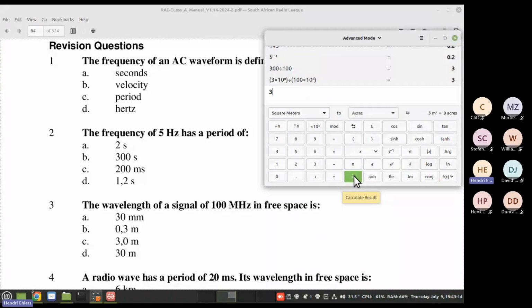So there's two ways of skinning the cat. If you know both formulas, you can calculate and make sure the other answer is correct. So that would be C. Everybody agree?